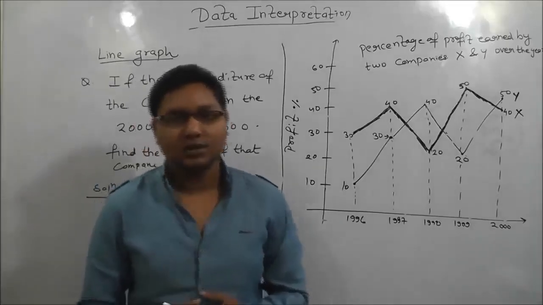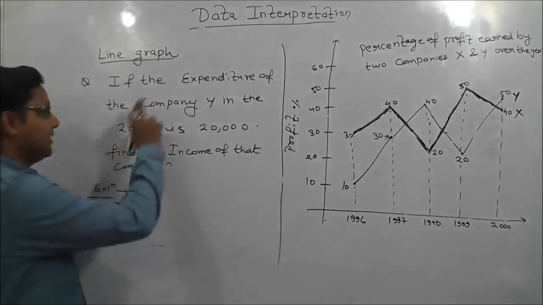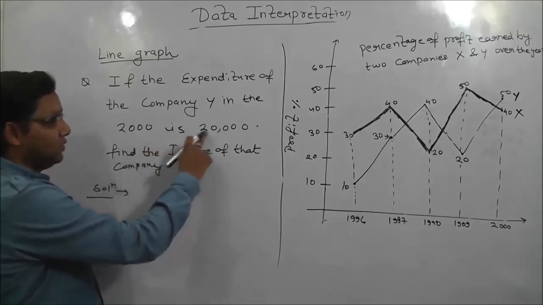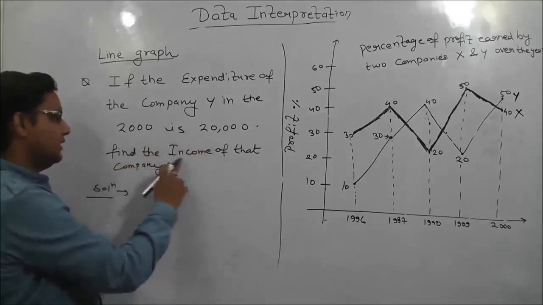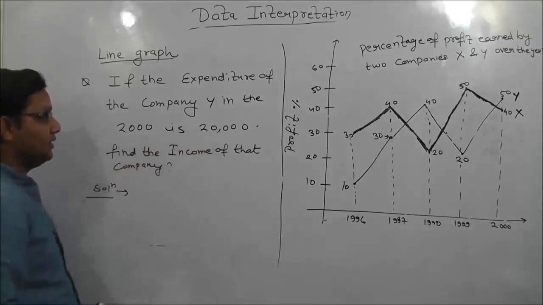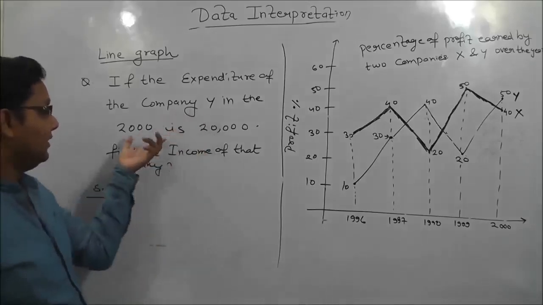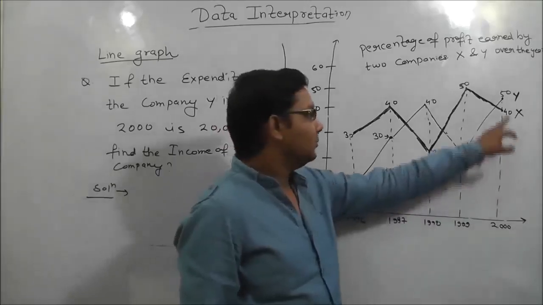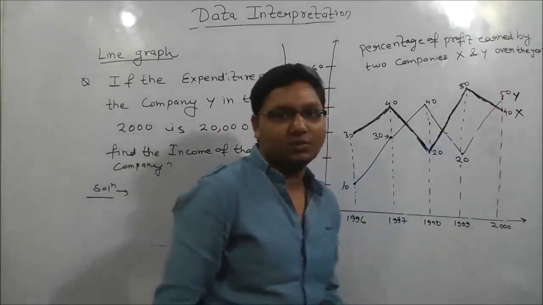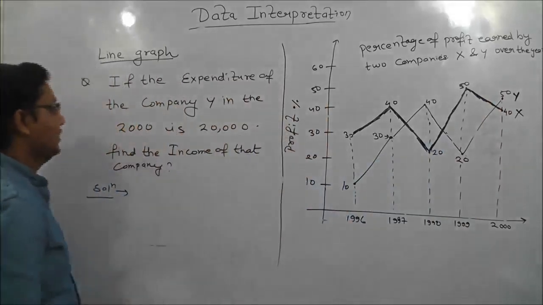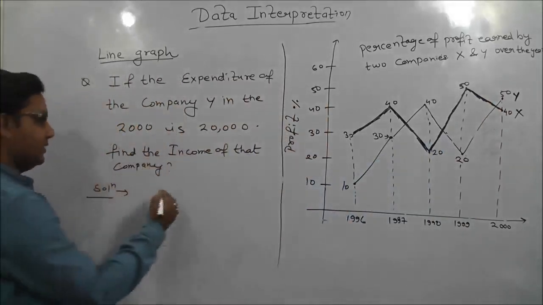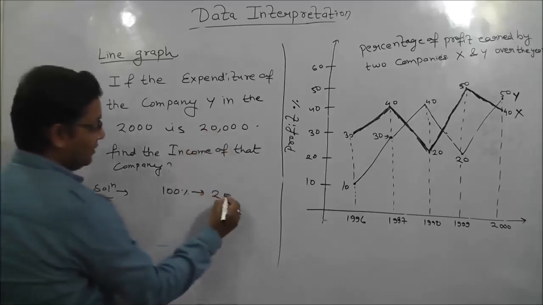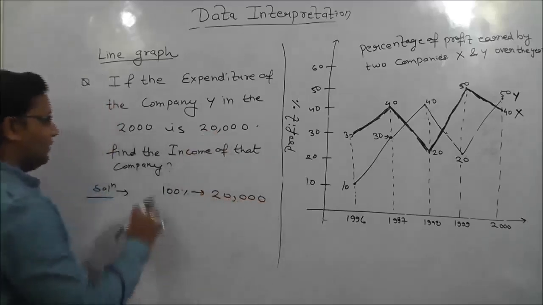Let us now see the next question: if the expenditure of company Y in the year 2000 is 20,000, find the income of that company. In the year 2000, company Y's profit percent is 50%. The expenditure is always 100%, so 100% is 20,000, and we have to find the income.